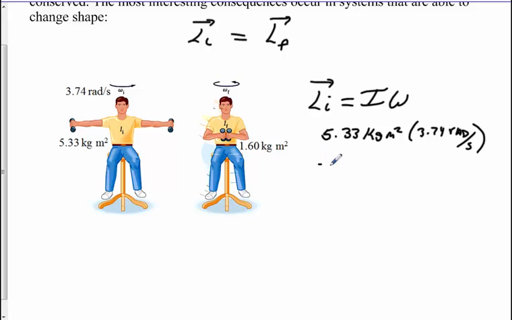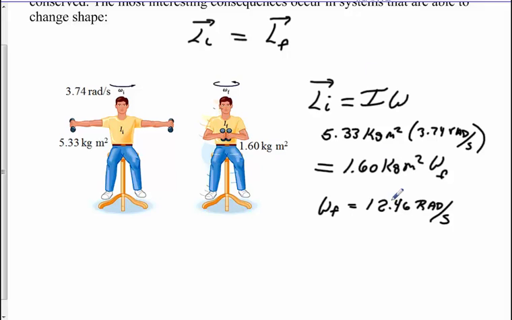All we have to do is set that equal to the moment of inertia I have here, 1.60 kilograms meters squared, times omega. Solve for omega 2 or omega final, whatever you want to call it. If I run those numbers, I will find out quickly that omega final is going to equal 12.46 radians per second.